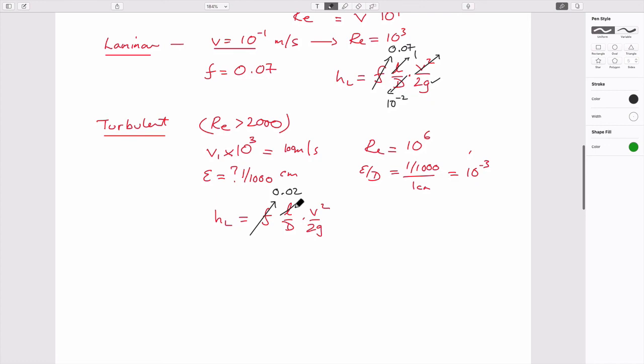Length is equal to 1 meter. Diameter is equal to 10 to the minus 2 meters. Gravity is 10 meters a second squared, or 9.81. And the velocity we defined as being equal to 100 meters a second. And so that's a simple exposition of a type 1 problem.